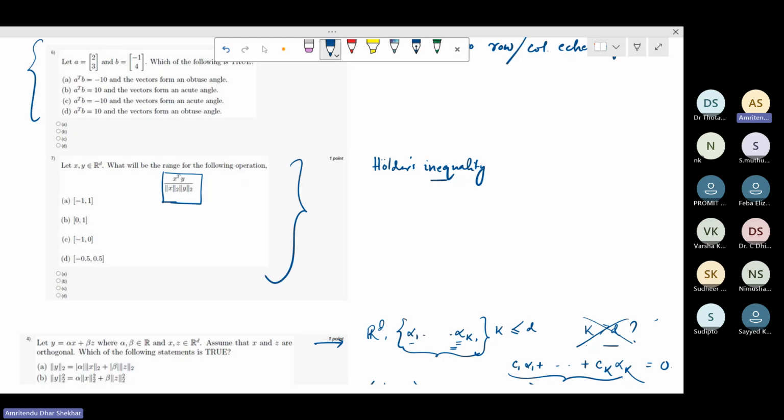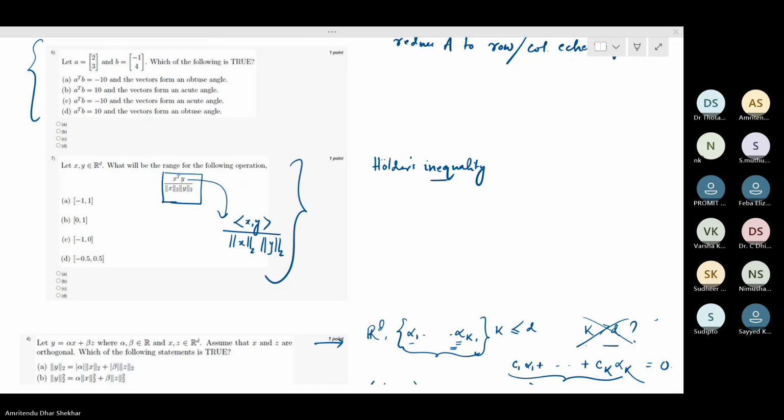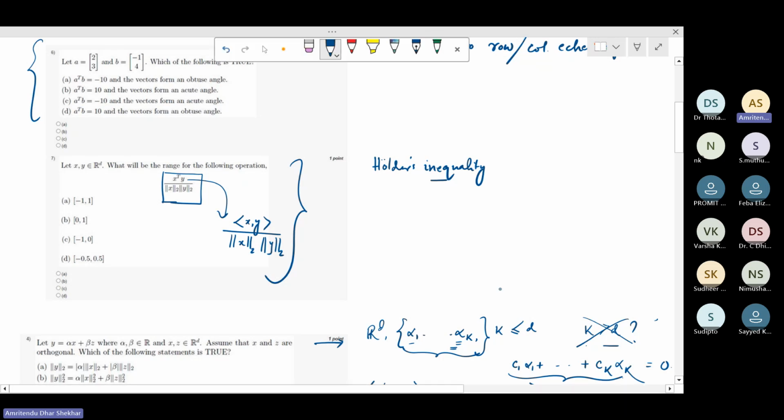Okay. So what is this? This is equal to x inner product y divided by the norm of x and the norm of y. So you can absorb this over here.